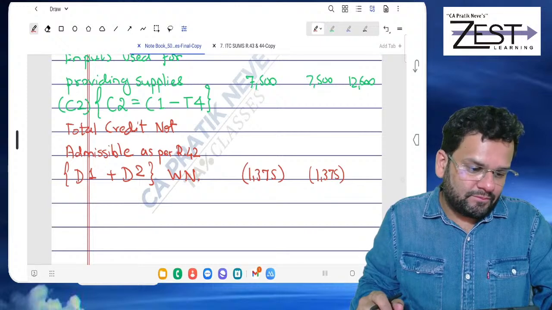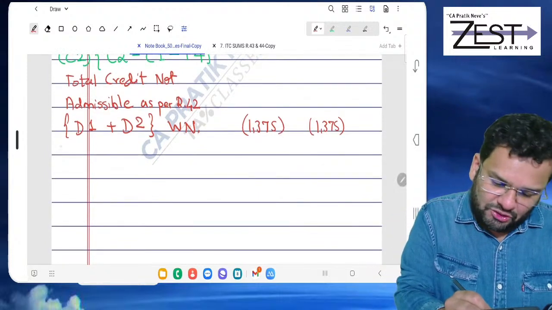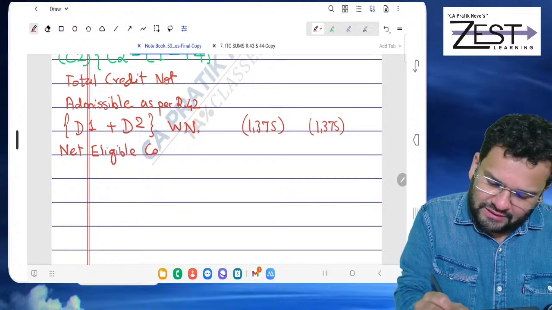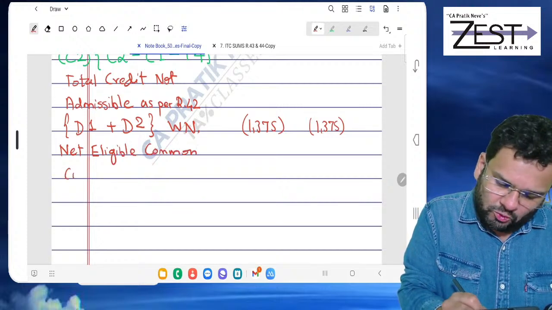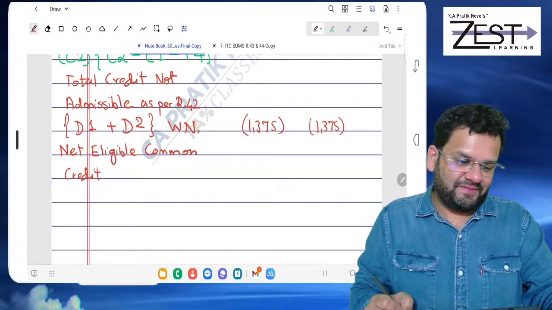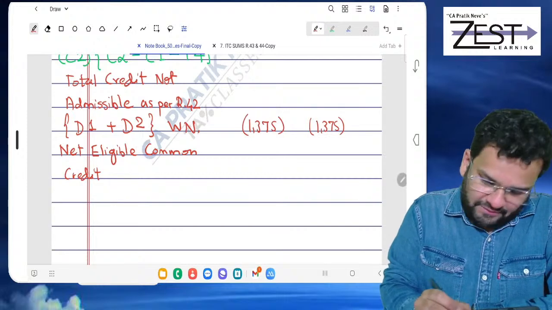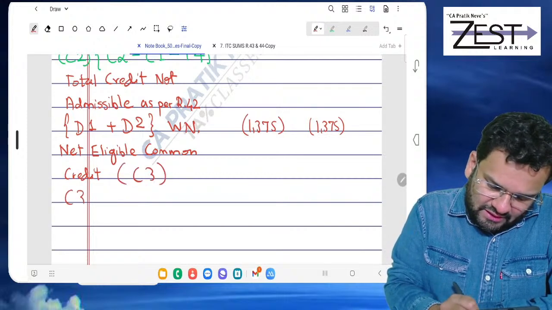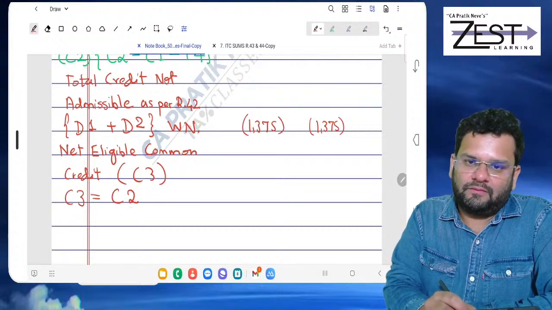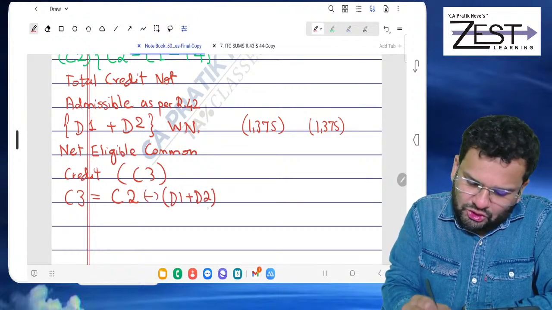Then you will get net eligible common credit. Can you find out net eligible common credit? Now net eligible common credit will be equal to C3, and that C3 will be equal to C2 minus D1 plus D2.